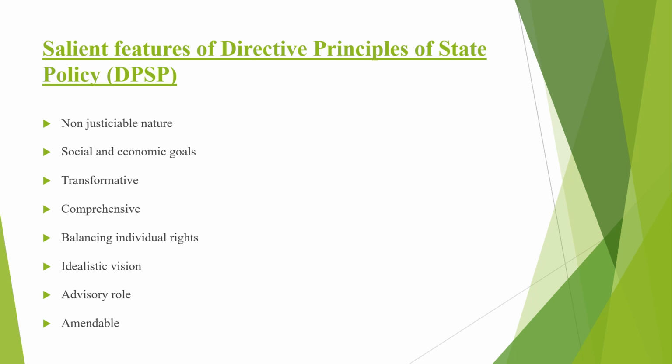Last, amendable. It means that while fundamental principles remain constant, directive principles of state policy can be amended or modified by parliament through constitutional amendments to reflect changing societal needs, ensuring their relevance over time.